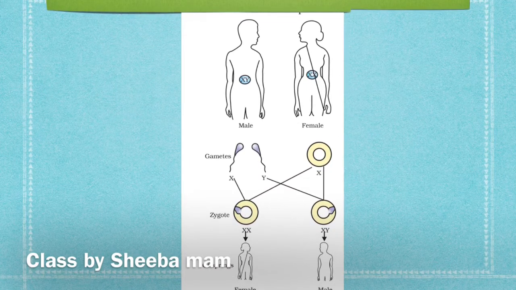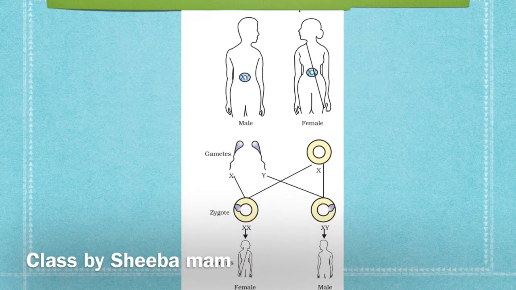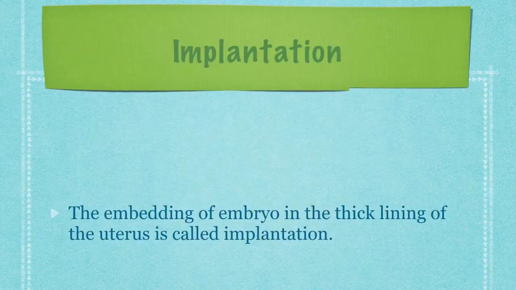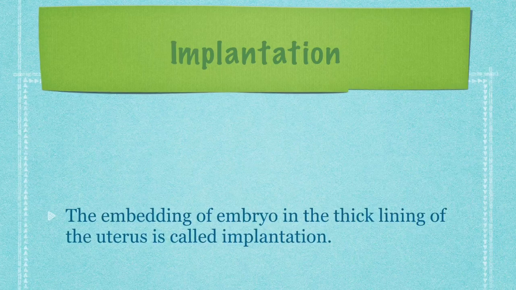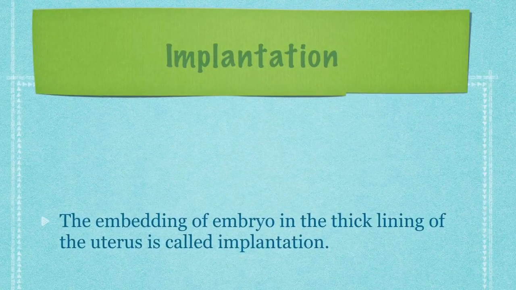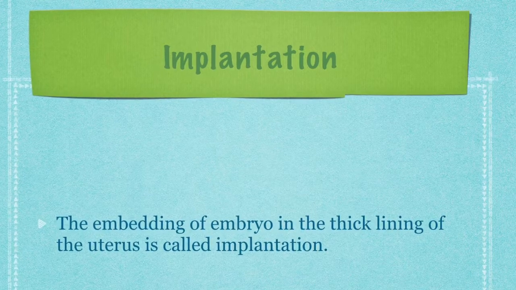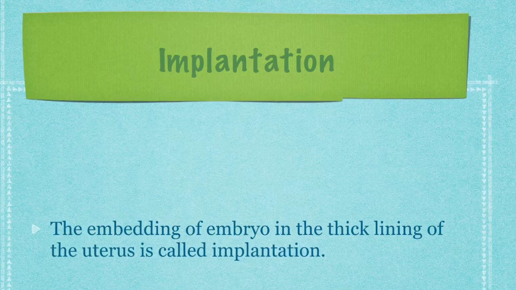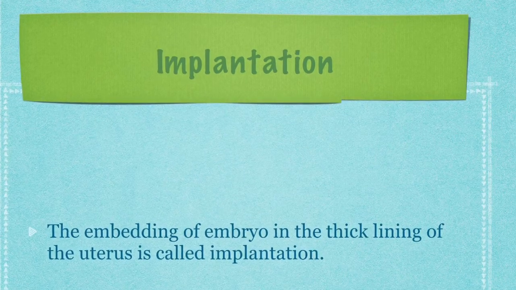Scientifically, it can be said that the sex of the child is determined by the father and not by the mother. Now, let us look at what is implantation. The attachment of the embryo to the thickened inner wall of the uterus 7 to 8 days after fertilization is called implantation.